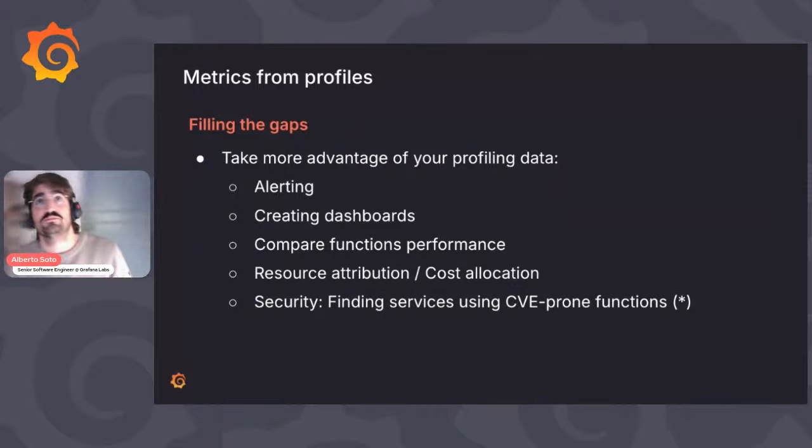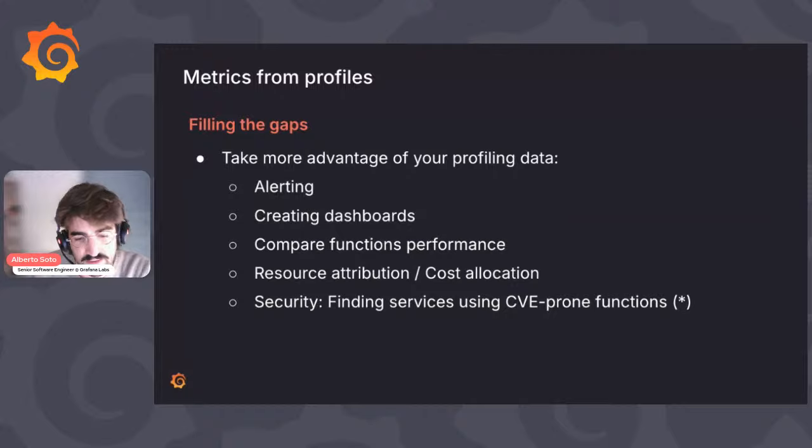We found that this kind of data is pretty useful and is filling some gaps that we are not currently supporting on the UI, on the read path. And here is a list of things we are using right now at Grafana Labs for metrics from profiles. First of all, we now unlock alerting.